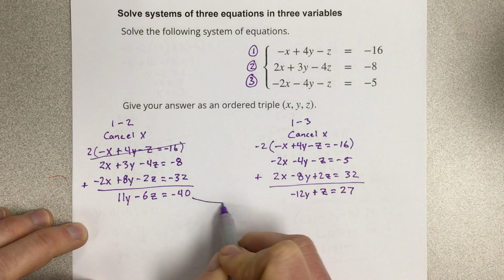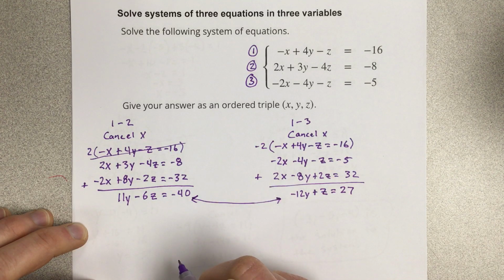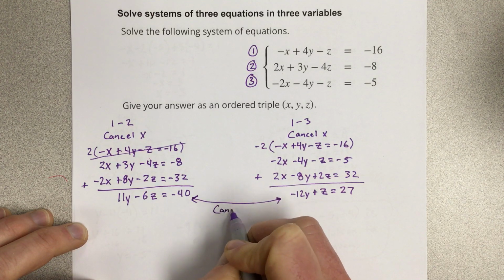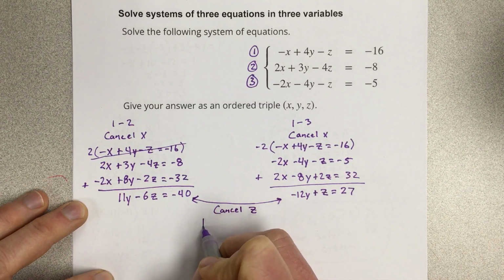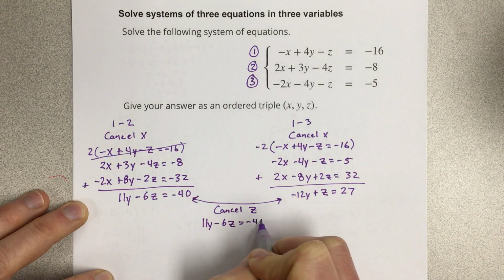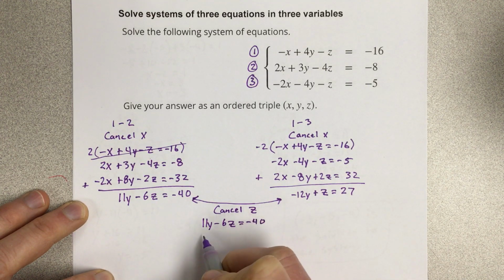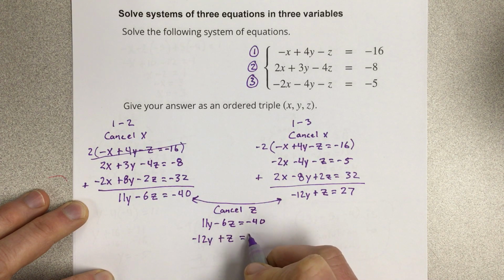So now we're going to combine these two together, and I'm going to say that we're going to cancel z, because it looks a little easier to cancel. So we're going to write them 11y minus 6z equals negative 40, and negative 12y plus z equals 27.